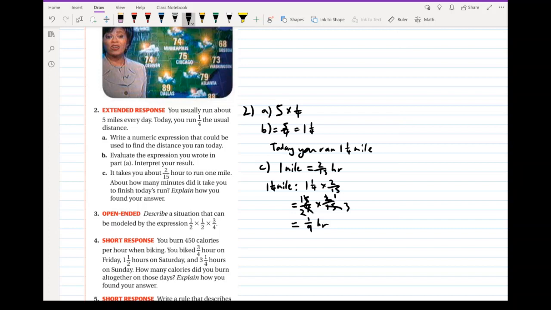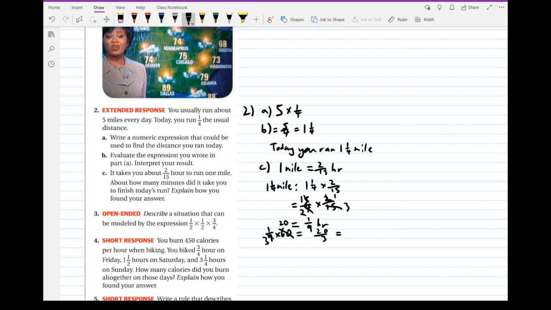Then in order to change that back into minutes, 1/9 times 60, 60 divided by 9, or you can divide top and bottom by 9. Or let's divide it by 3 first. So we have divided by 3, that's 3 at the bottom. 60 divided by 3 is 20. So we have 20 over 3. So that's 20 over 3 minutes. And then we have to convert it into a mixed number. 3 goes into 20 6 times, that's 18.